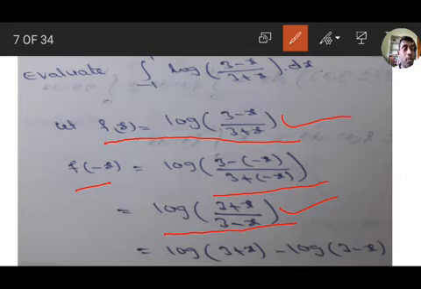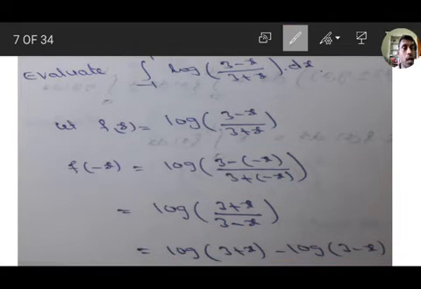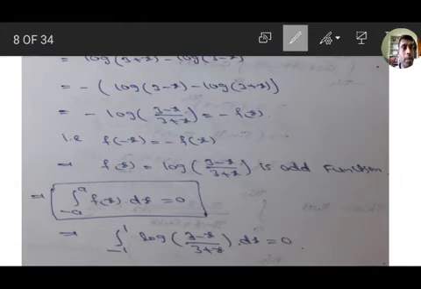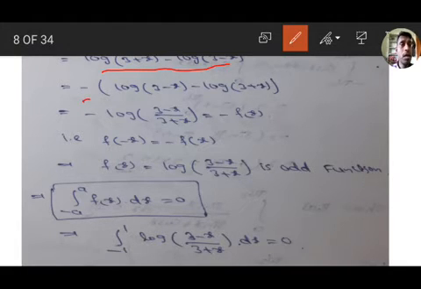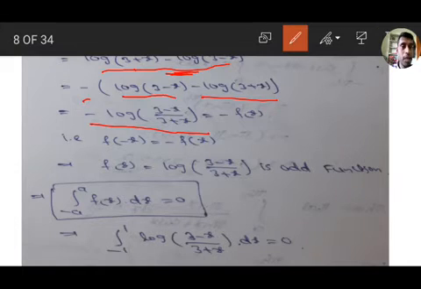It is of the form log of a by b, so log a minus log b. So log of 3 plus x minus log of 3 minus x. Next, taking minus common, log of 3 plus x minus log of 3 minus x becomes minus of log of 3 minus x minus log of 3 plus x. Again, log a minus log b is log of a by b, so minus log of (3 minus x) by (3 plus x).